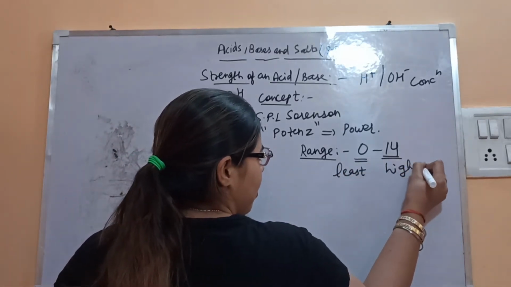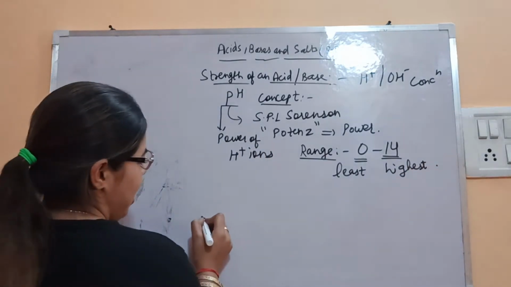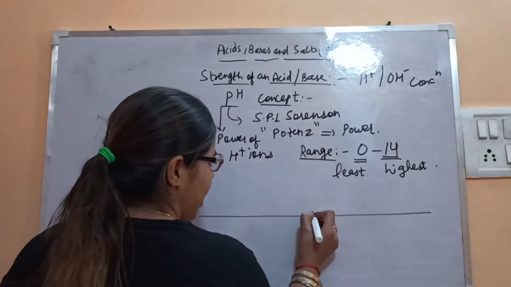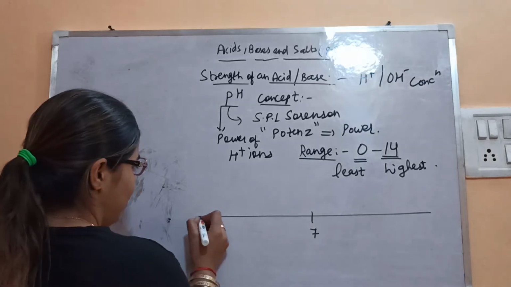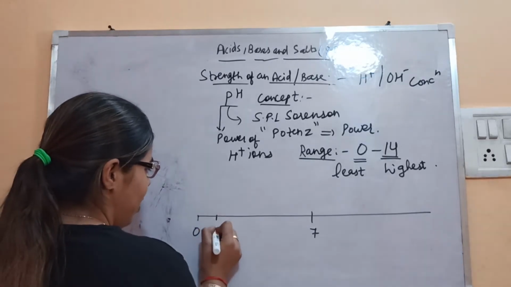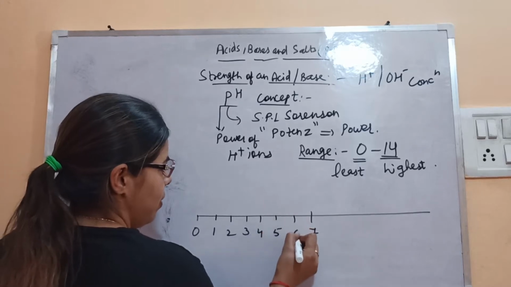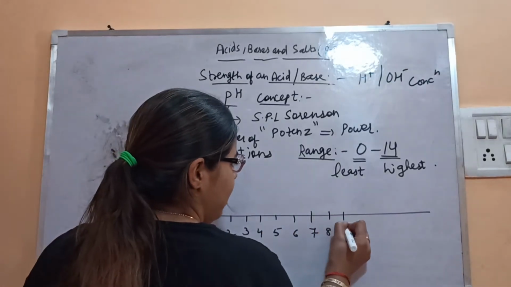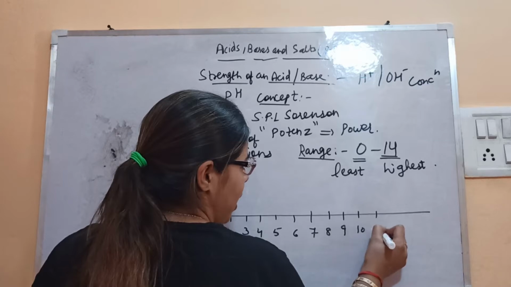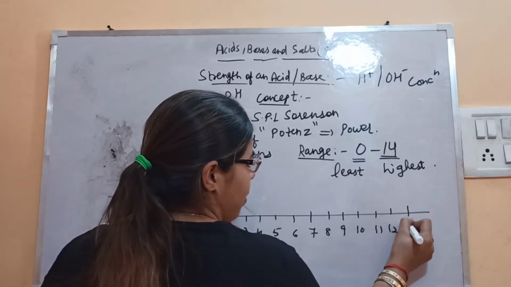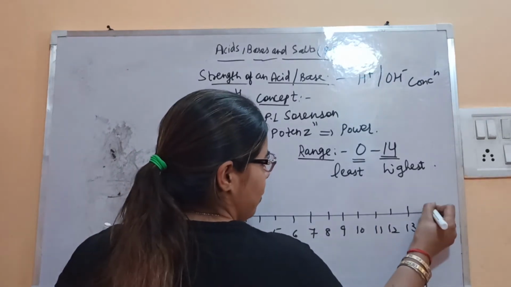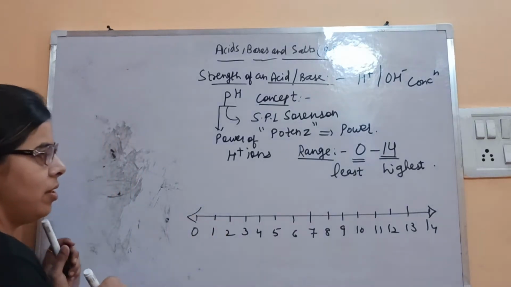Let's see the scale. Here this is 0, then 1, 2, 3, 4, 5, 6, 7, 8, 9, 10, 11, 12, 13, then 14. So this is the range.